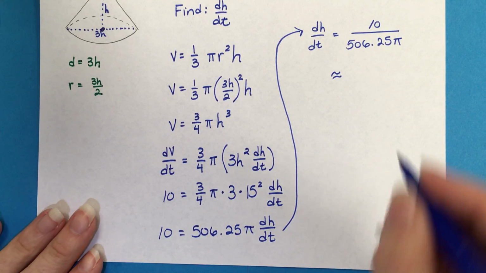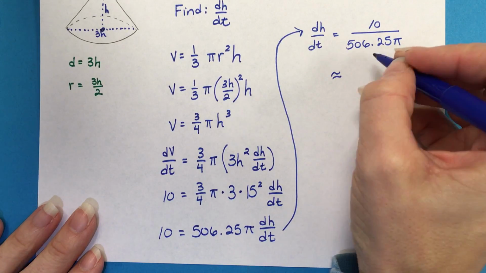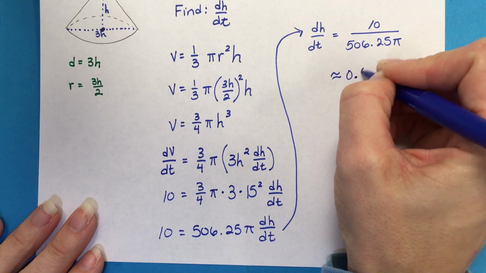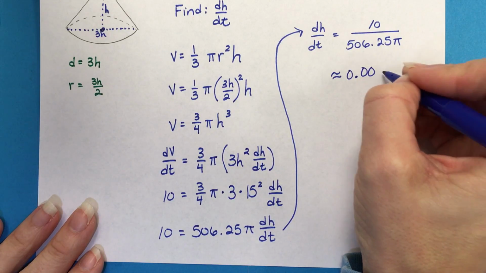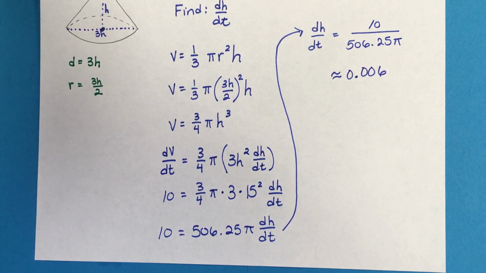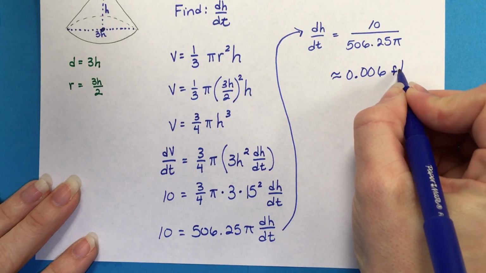I get approximately, I'm going to keep 3 decimal places here because the tenths and the hundredths are both zeros, 0.006. On your units, you're talking about the height. Since the volume was in cubic feet per minute, the rate of change of the height would just be feet per minute.